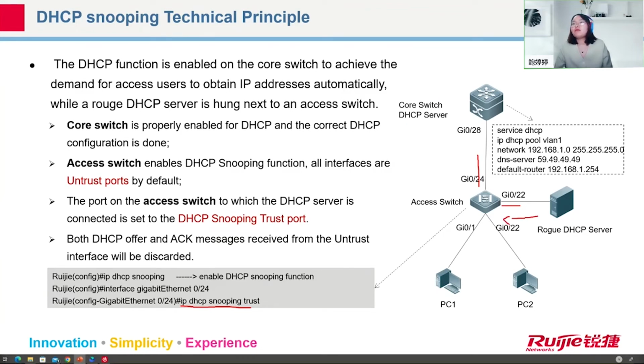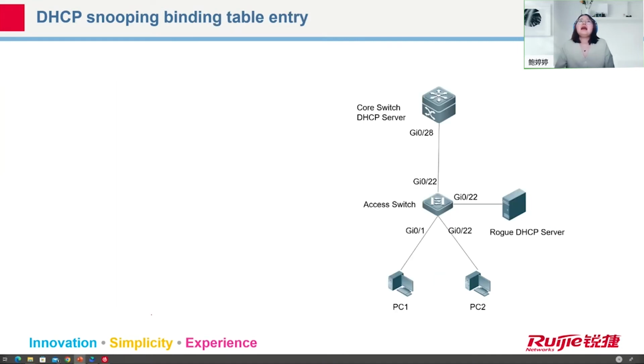But when the reply of the offer comes, the switch only forwards from the trust interface, and the other message will be discarded. So this is the function of the trust interface.